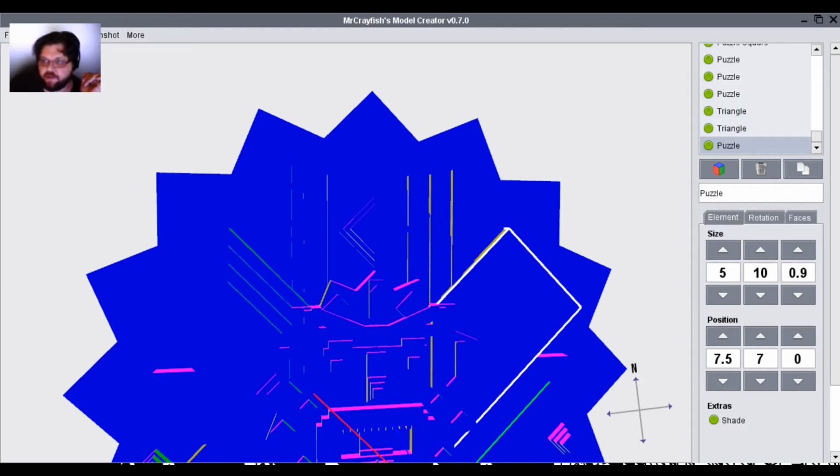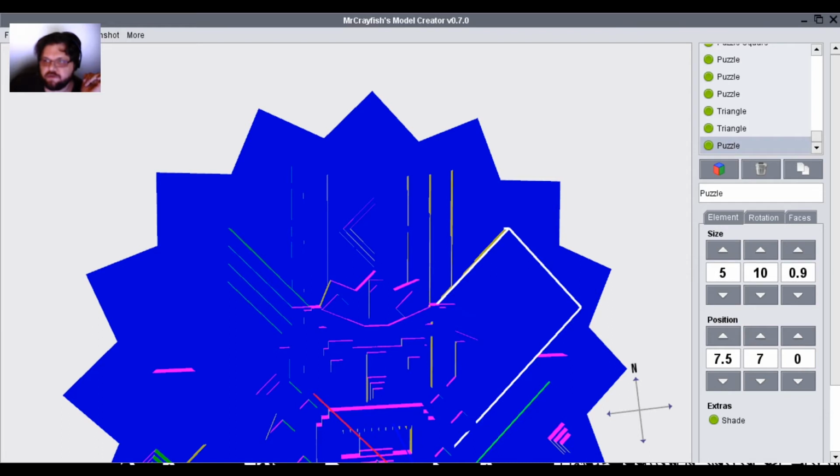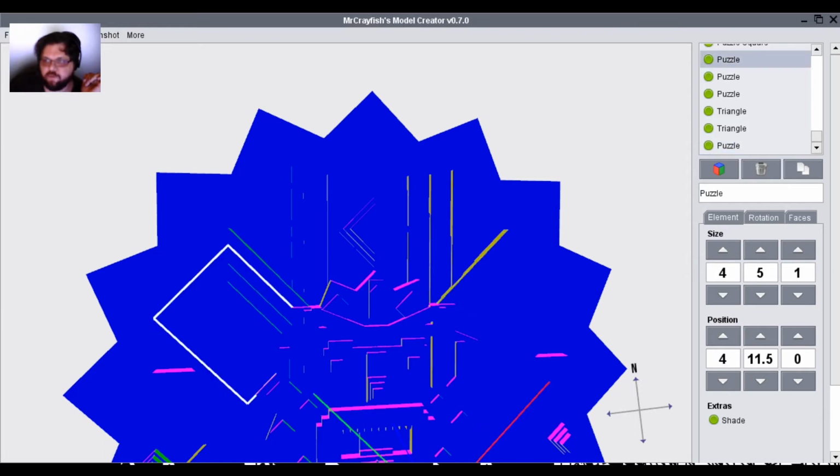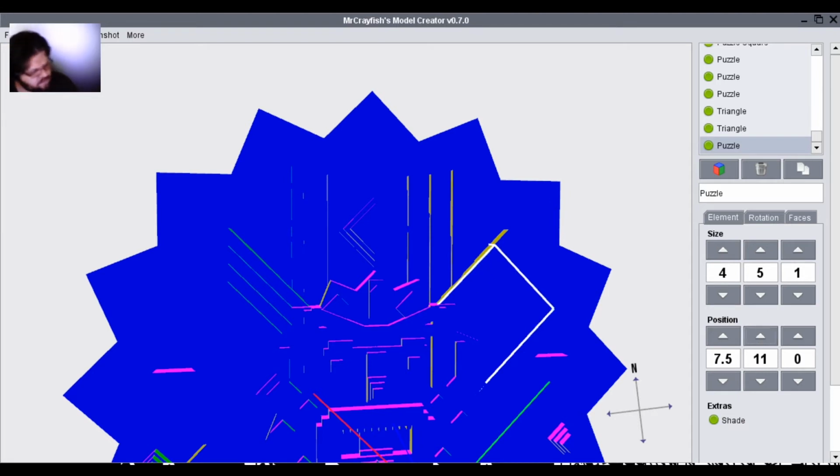Let's duplicate you. How did we do this? 1, 4, 5. 5, 4, 1. Oh, I forgot it's reversed over here, so it's 1, 4, 5.